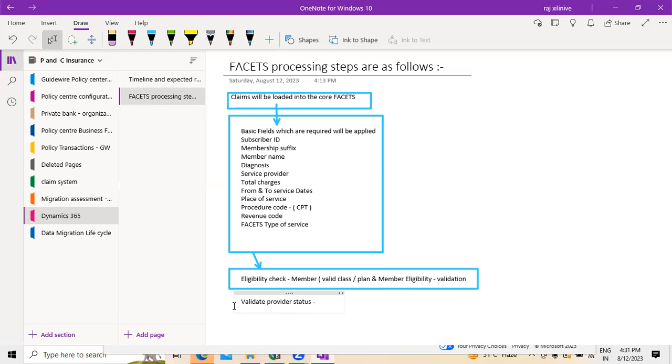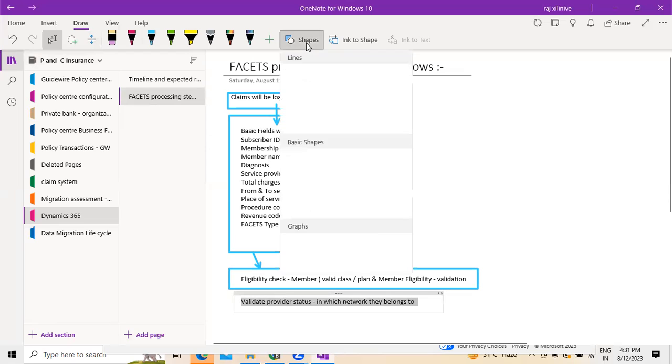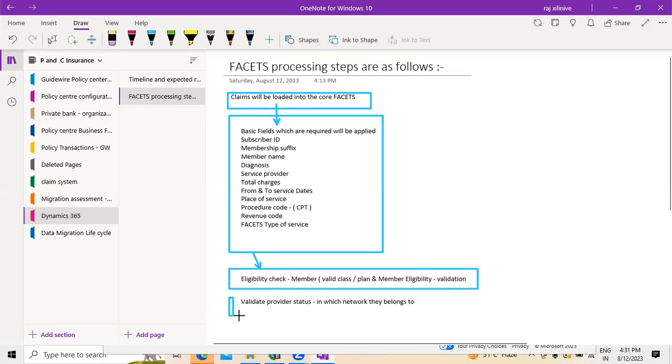The provider status means under which network they belong to, right? Because normally East and West are the two basic networks. Whenever we are working on claim processing, we have to verify and validate the provider status too.